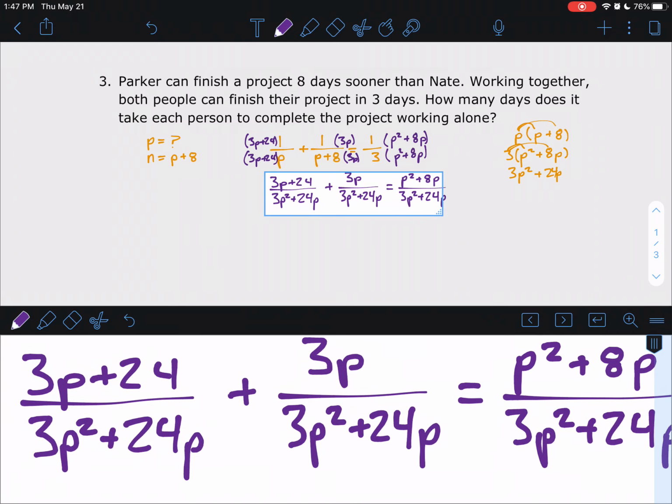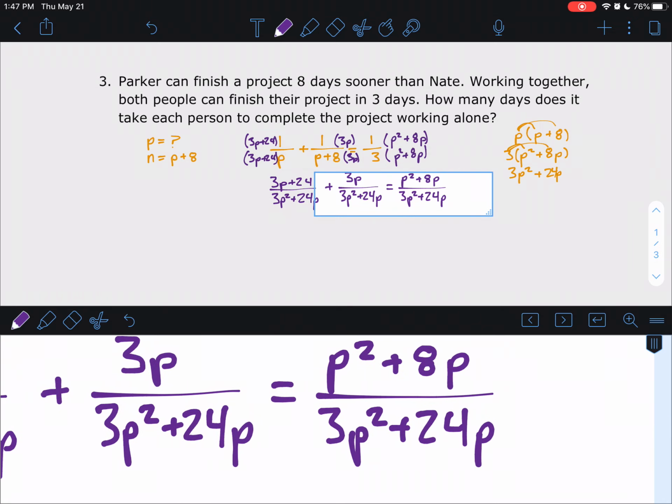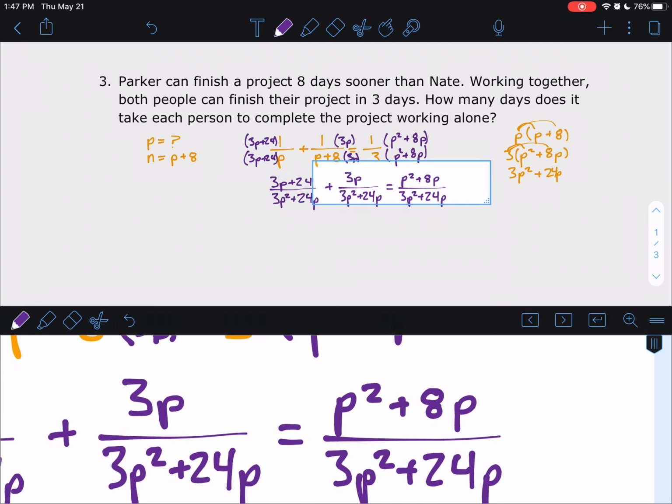So now I have 3P plus 24 over 3P squared plus 24P plus 3P over 3P squared plus 24P equals P squared plus 8P over 3P squared plus 24P.